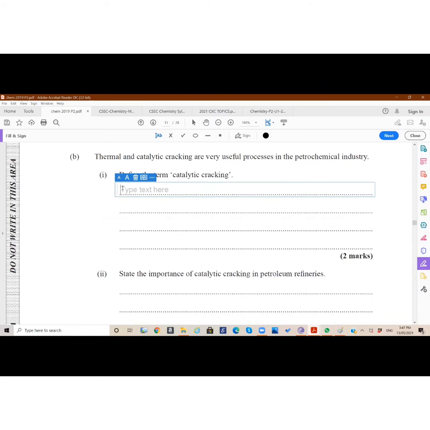Miss, when vapor passes through a low density catalyst. Well, of course, you're going to be using a catalyst because it's catalytic cracking. But remember that cracking is really the process where you're breaking up large molecules into smaller ones. So in this case, catalytic cracking means that you're using a catalyst to do so.